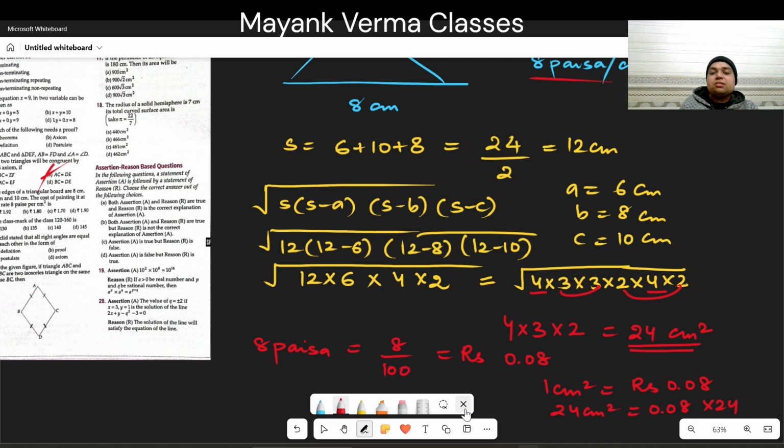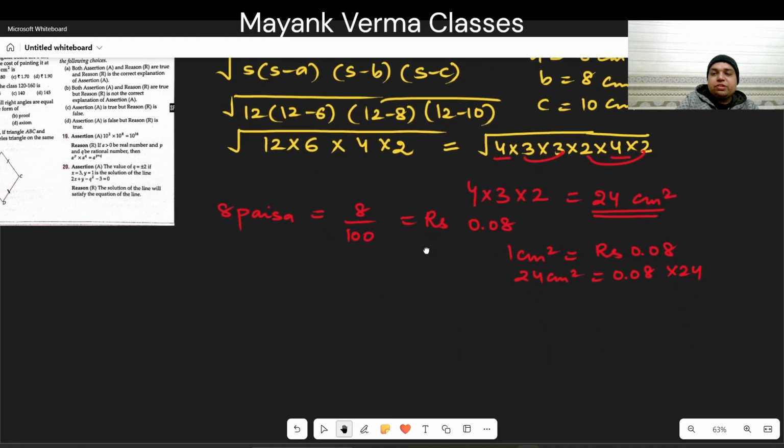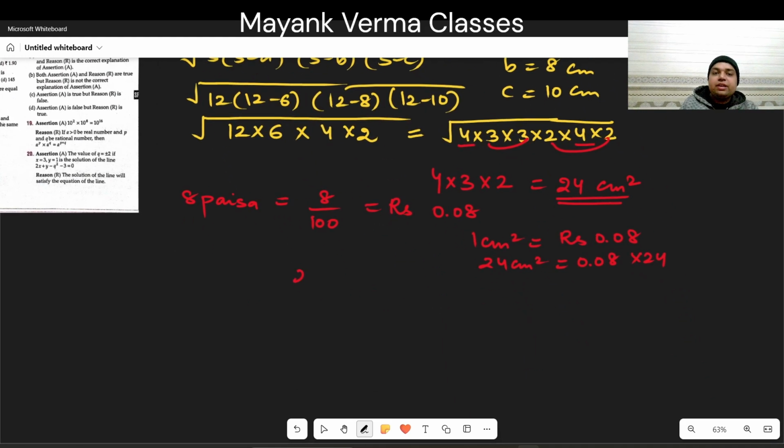Okay, let's multiply this: 8 times 24. So here you can do 8 fours are 32. 8 times 2 is 16 plus 3 will be 19. So 192. But there is a decimal point after 2 places if we count. So 1.92 rupees it will become.